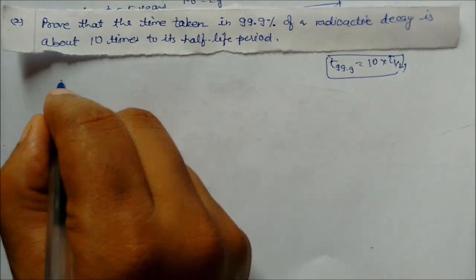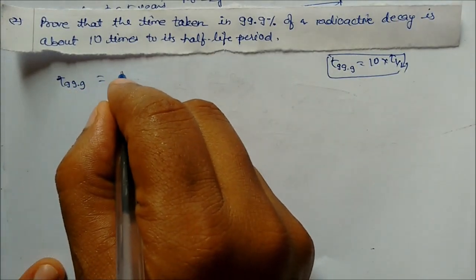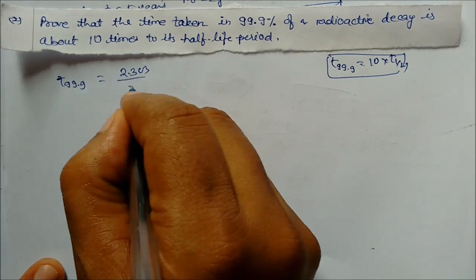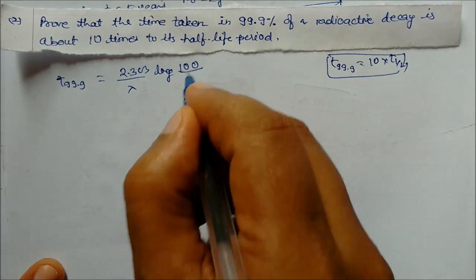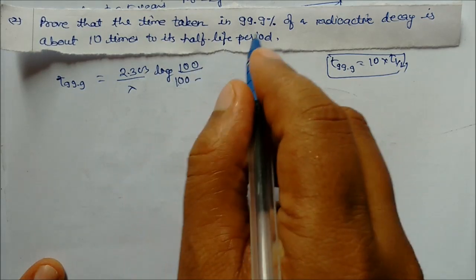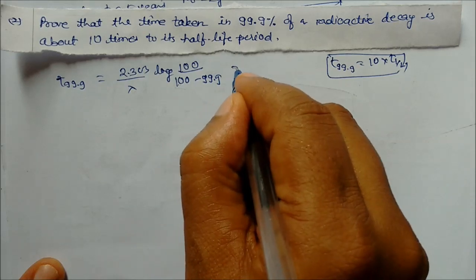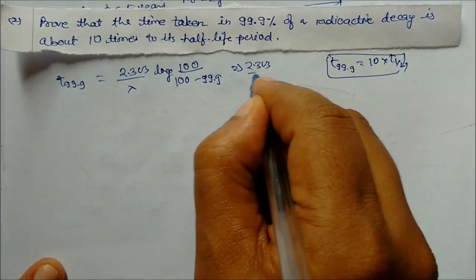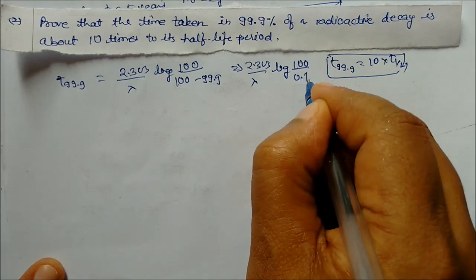So we have to take two values, one is T 99.9 and one is T half. T 99.9 is 2.303 by lambda log. This is in percentage, so we write 100 and again 100, so 99.9% has decayed. Ultimately we will get 2.303 by lambda and log of 100 divided by 0.1.